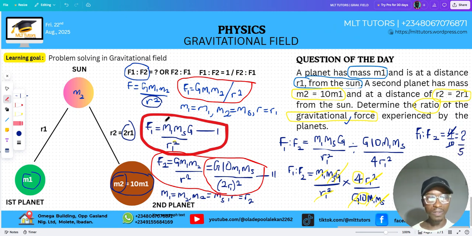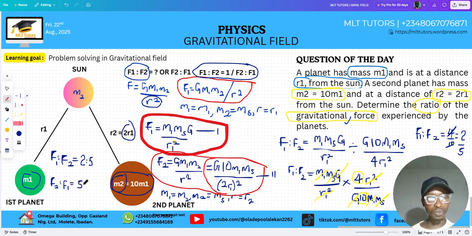So therefore, our F1 ratio F2 is equal to 2/5. And conversely, since we have already declared that F1 ratio F2 is equal to 1 over F2 ratio F1, that implies that F2 ratio F1 will be equal to 5/2.